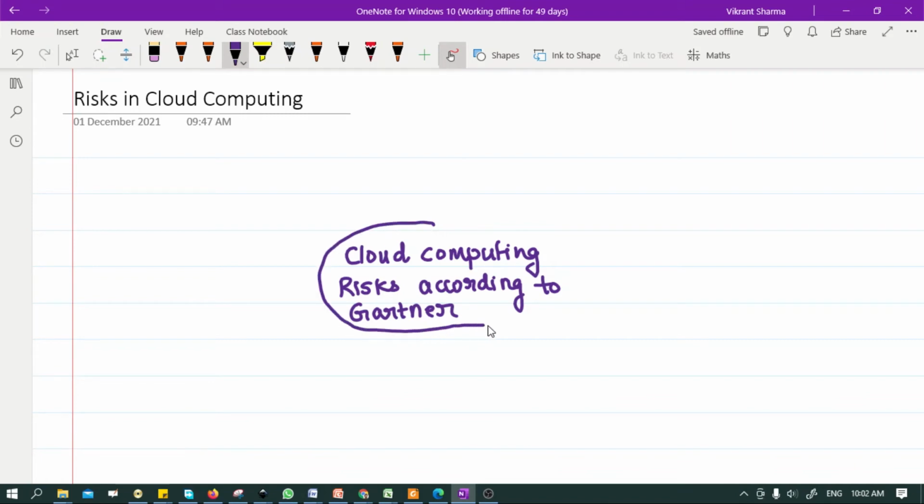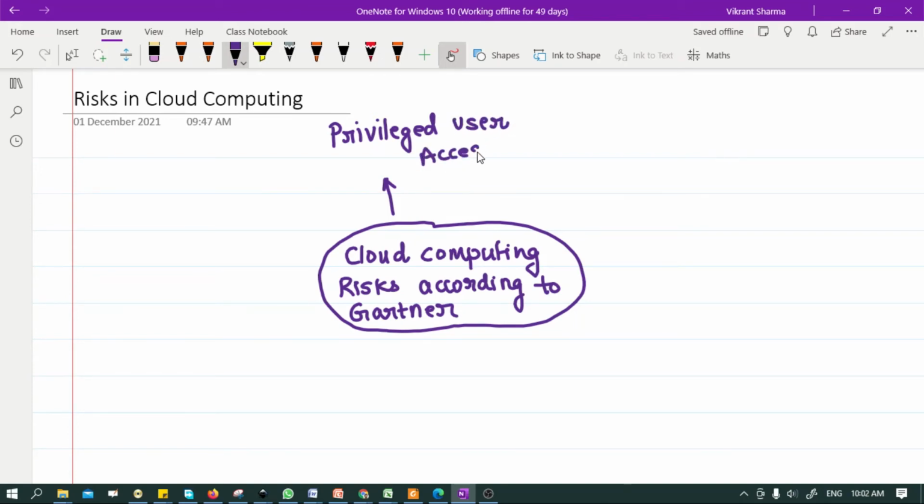So he has suggested some risks. First of all, is privileged user access. Second that we are having is regulatory compliance.